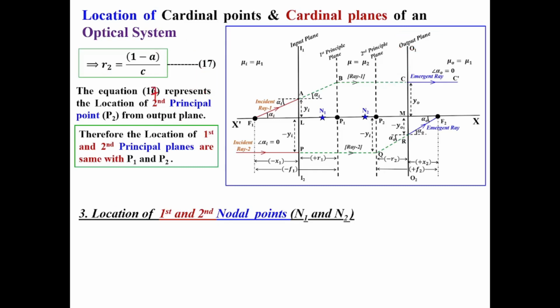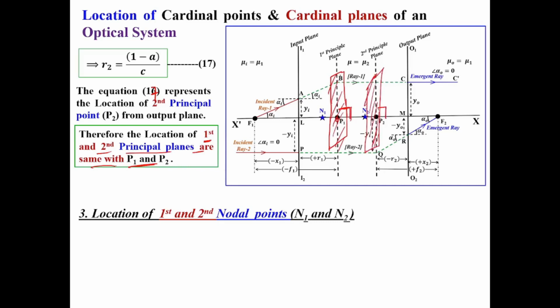As we know, the principal planes pass through the first and second principal points. So the locations of the first and second principal planes are the same as P1 and P2. The first principal plane passes through the first principal point and is perpendicular to the principal axis, and the second principal plane passes through the second principal point and is perpendicular to the principal axis.